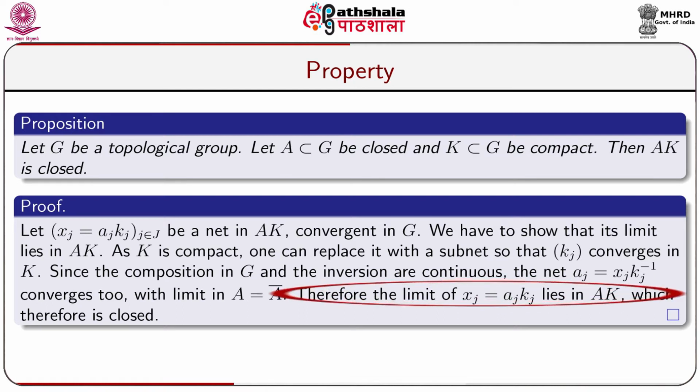Therefore, the limit of the net x_j, which is equal to a_j k_j, lies in the product AK, which is therefore closed. So, this theorem says that if A is a closed subset and K is a compact subset of a topological group G, then their product is closed.